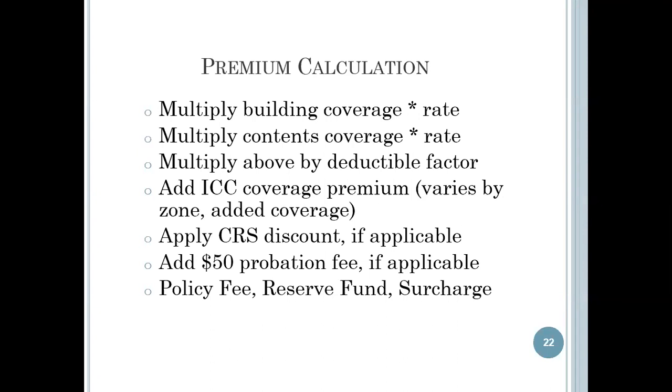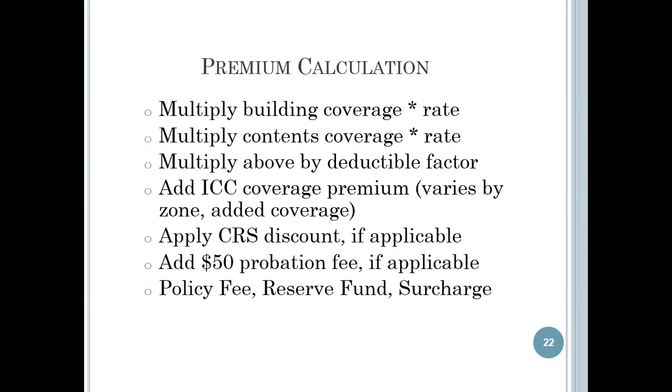So we take our base rate and apply that per $100 of value, and that becomes the premium. Same way with the additional. In a residential structure, the max you can get is $250,000, so that additional amount is $190,000.